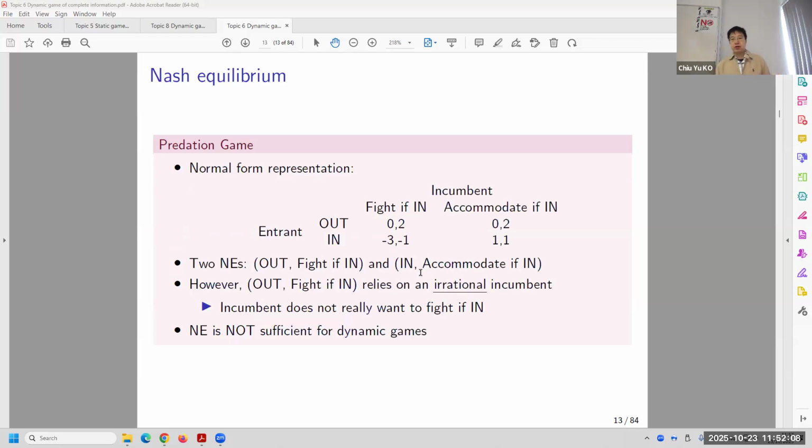So you can rewrite this into a normal form, which is what we did in the last class. So we ignore the timing. Out is 0,2, and it doesn't really matter for the incumbent, right? And for the entrant, when in, accommodate is 1,1, and fight is -3,-1.